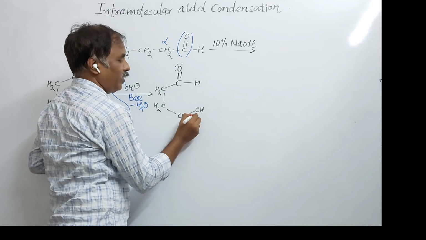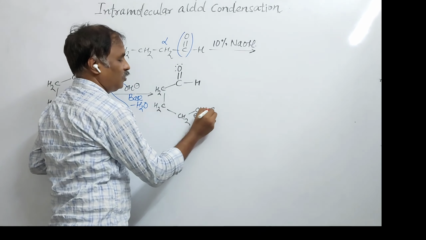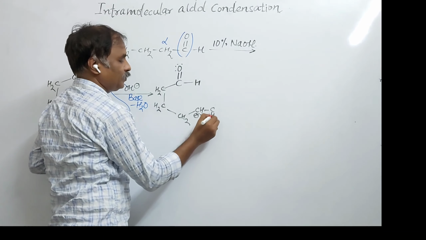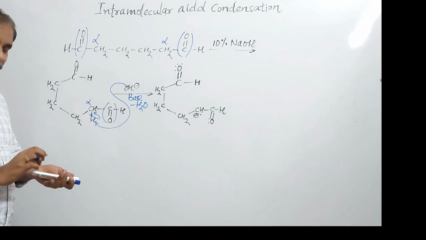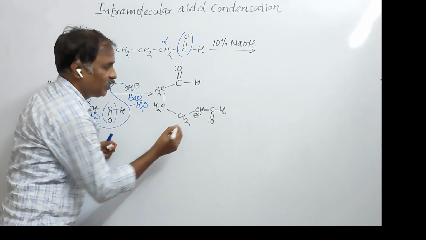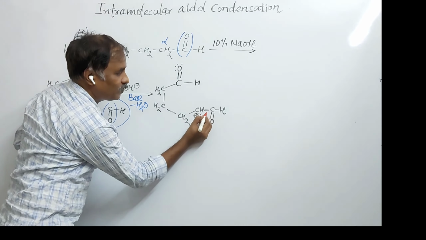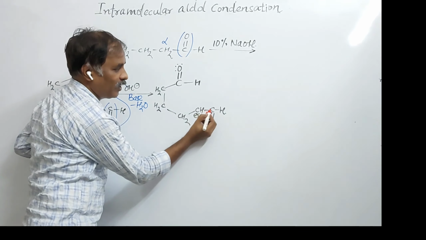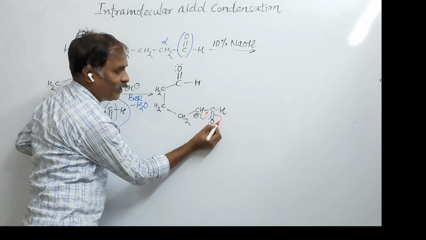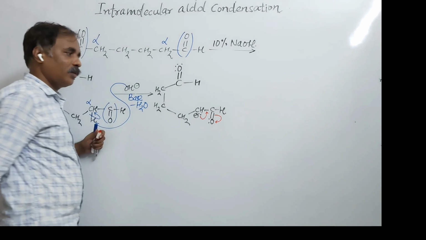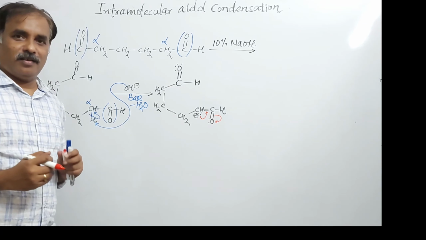Here it is a carbanion, and it is electron rich, so it will be stabilized. That is, shifting of these electrons forms a carbon-carbon double bond, then breaking of this pi bond and shifting of electrons like this, forming an enolate.